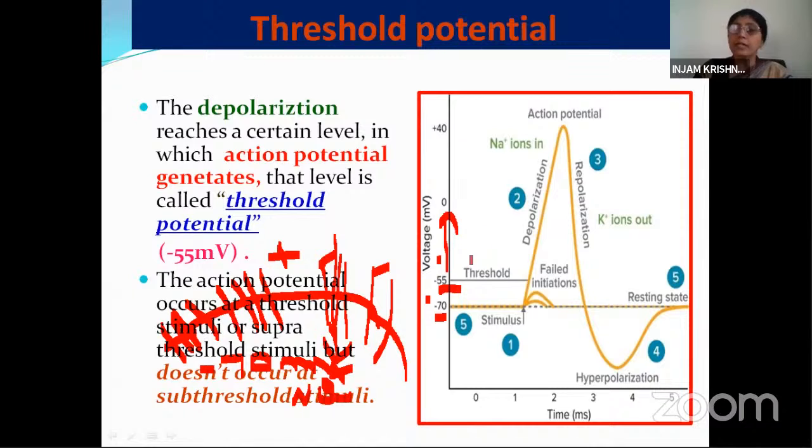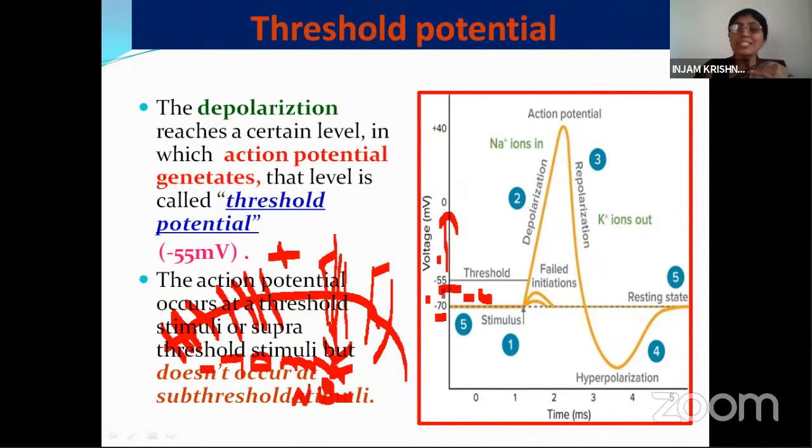Next, even if it reaches threshold or supra-threshold, the action potential is the same. That is called the all or none principle. Subthreshold means minus 55 is the threshold, and subthreshold means maybe minus 60. In between minus 70 and minus 55 is the subthreshold.